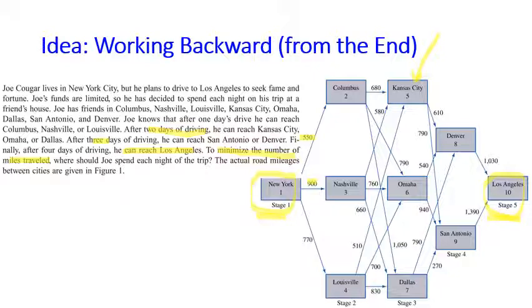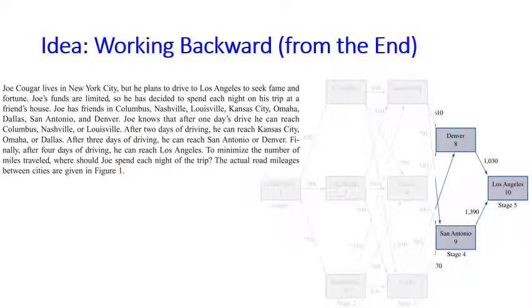Suppose Joe is already on his 4th day driving, meaning that Joe is already either at Denver or San Antonio, then the decision is very simple, right? Joe wants to reach Los Angeles, so if he is in Denver, then just go to Los Angeles. If he is already in San Antonio, it's the same, just go to Los Angeles, and then it's done, right?